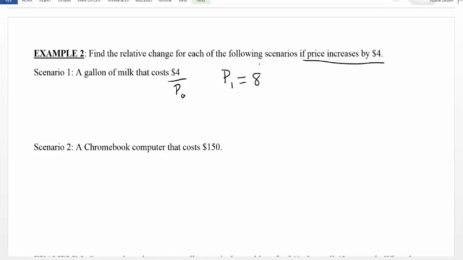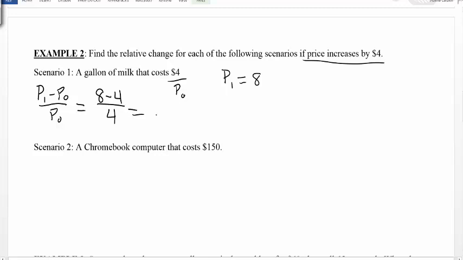So now, when we plug this into our formula, P1 minus P0 divided by P0, we're going to get $8, the new price, minus $4, the original price, divided by the original price of $4. And 8 minus 4 is 4, divided by 4 gives us 1.